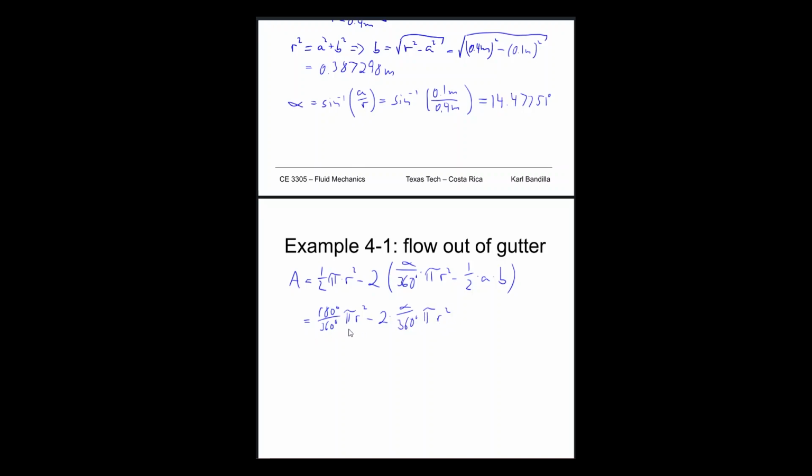Now you can see why I rewrote the first term, and then minus AB. So that's then 180 degrees minus 2 alpha divided by 360 degrees, pi r squared, minus A times B.